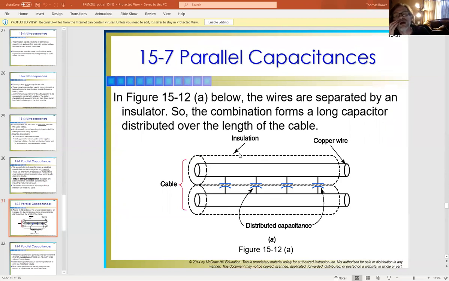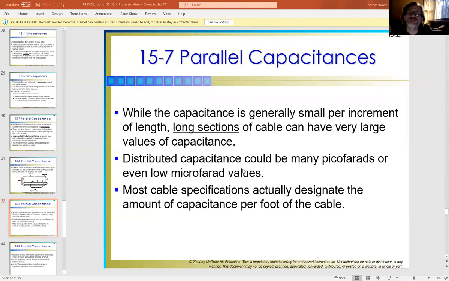So basically, how does it do it? You can see by this diagram here, we have these two laid out in a parallel style configuration.